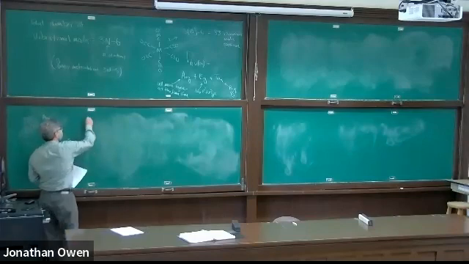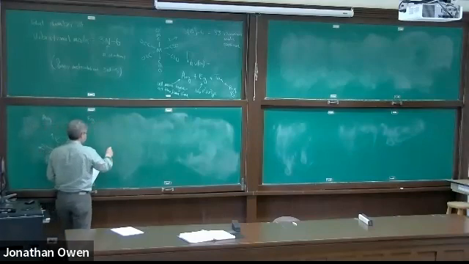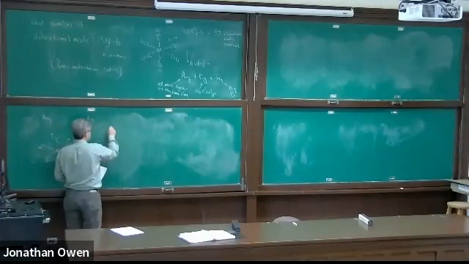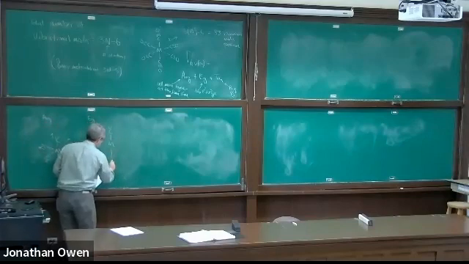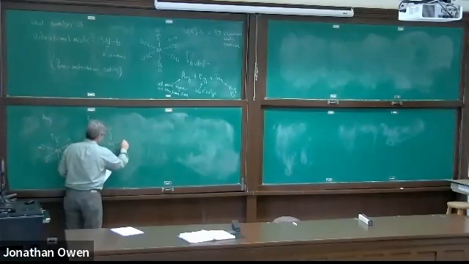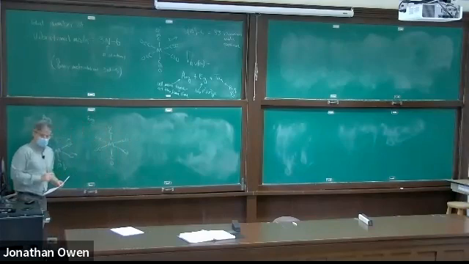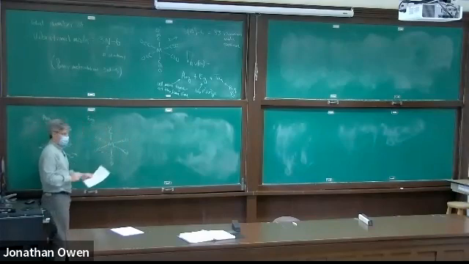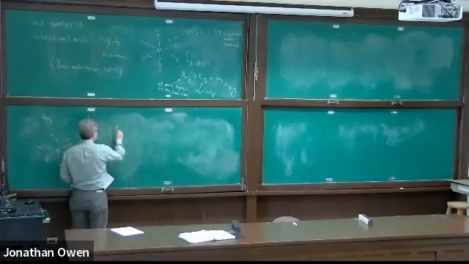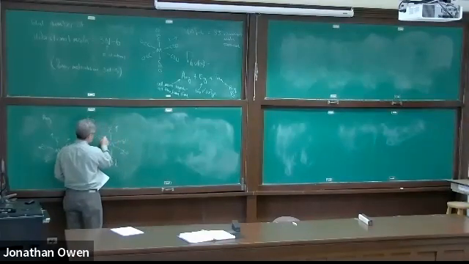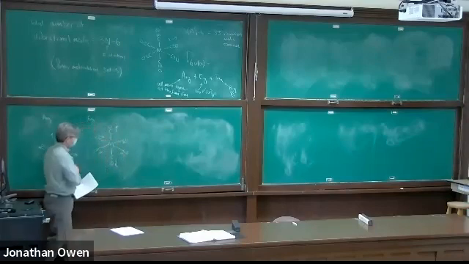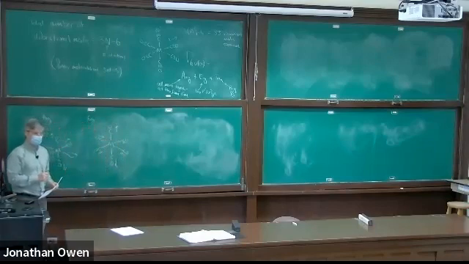Let's do an EG. We decided this is going to be like dz squared, right? That's the normal mode.